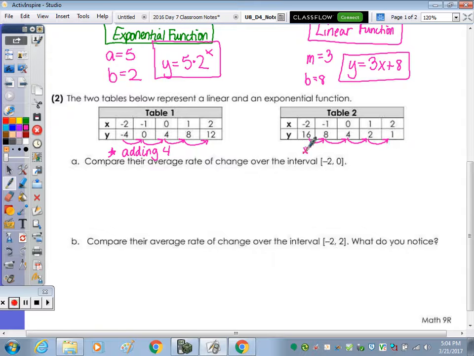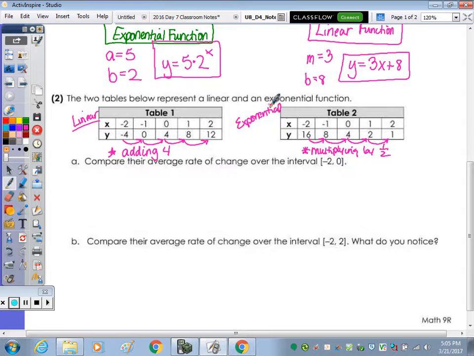So here we're multiplying by 1/2. Okay, so the one on the left is linear, and the one on the right, or table 2, is exponential.